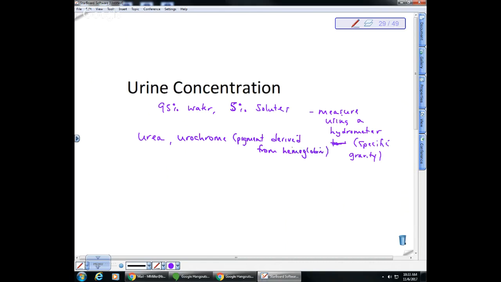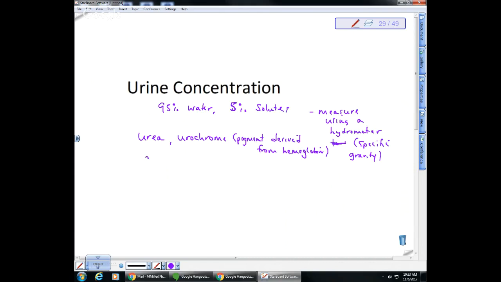So in general, your urine should be light yellow in color because of that. Although there are some chemicals like that found in beets. Sometimes if you eat a lot of beets, your urine will be pinkish in color. That can be confusing because you might think that you have blood in your urine, but that's just a pink pigment in the beets.